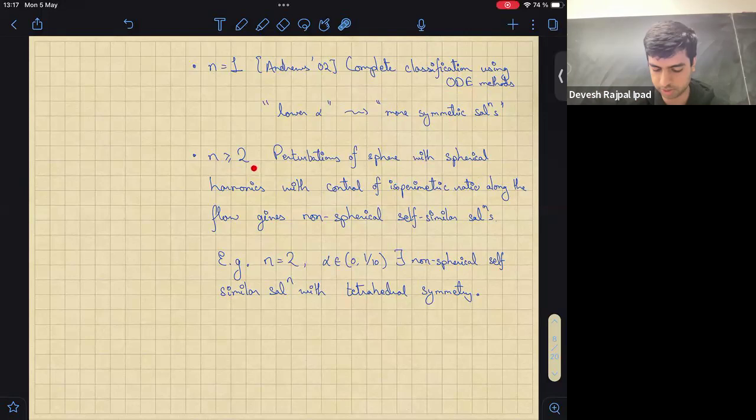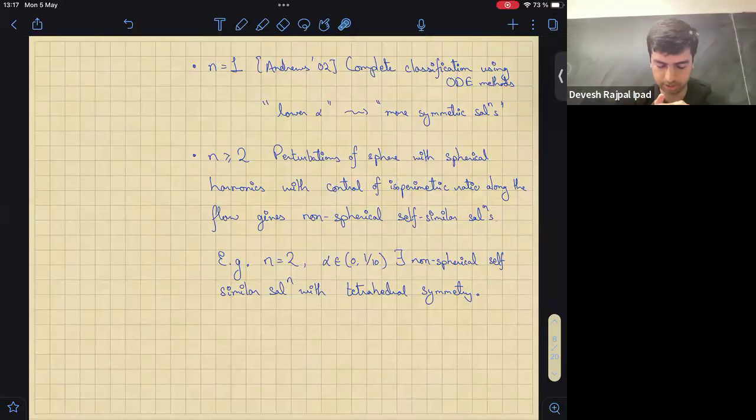For n bigger than or equal to 2, perturbations of the sphere with spherical harmonics, with control of the isoperimetric ratio along the flow, give non-spherical self-similar solutions. So you take a sphere, linearize the flow, and fix the scaling.